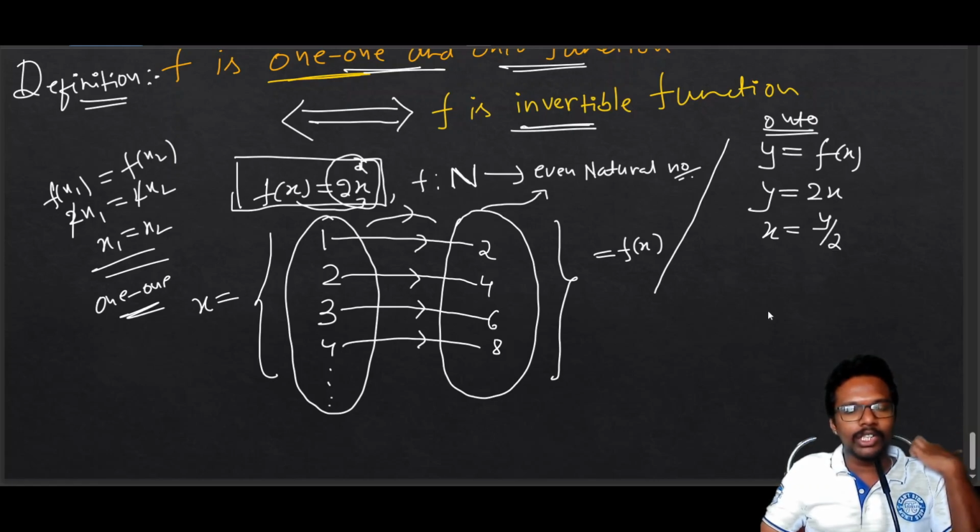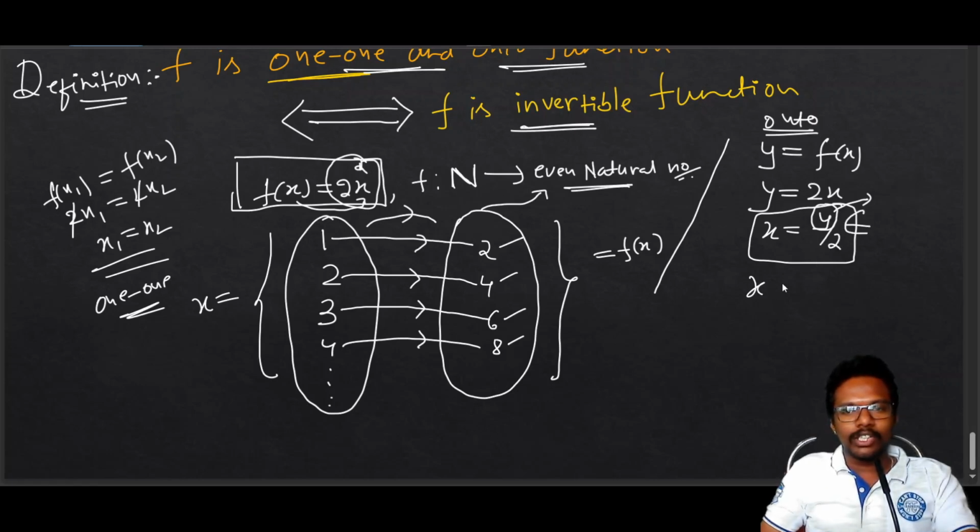Here y is nothing but double of x; y is 2, 4, 6, 8, all even natural numbers. So if you consider y as an even natural number, it will obviously be divisible by 2. So x equals y by 2 will obviously belong to the natural numbers. So it becomes onto now.